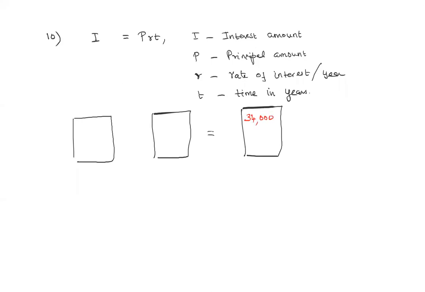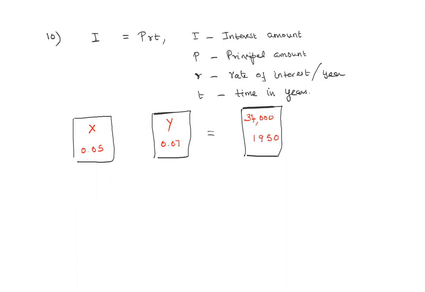We don't know the amount of the first one, x, or the amount of the second one, y. The interest rate for the first account is 0.05, and this is going to be 0.07. And then the total interest earned is 1950.